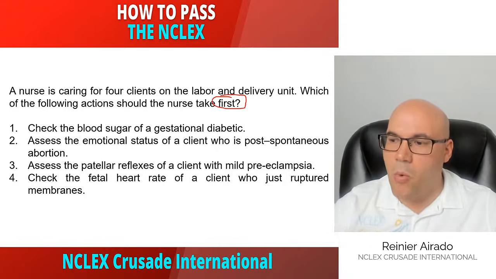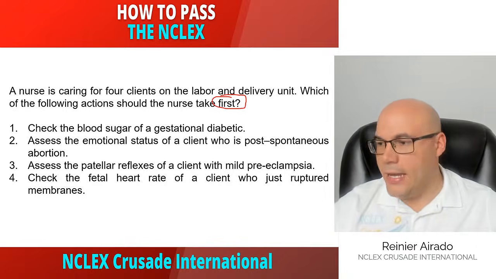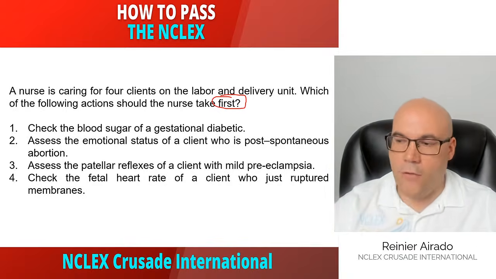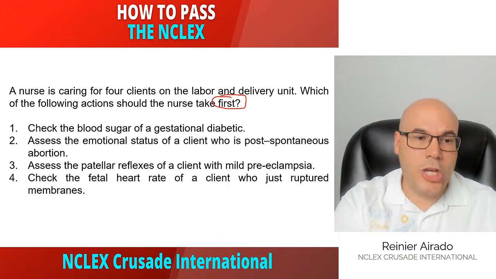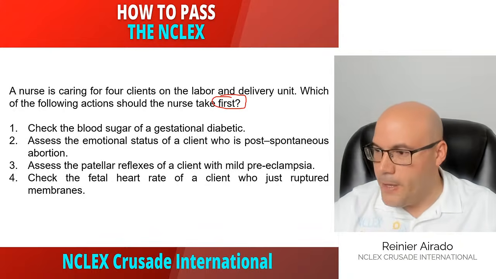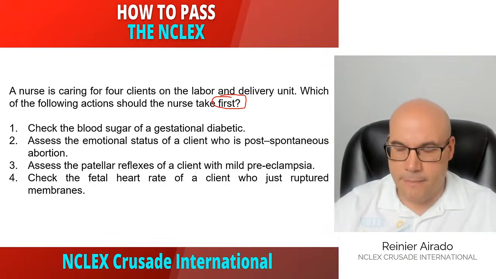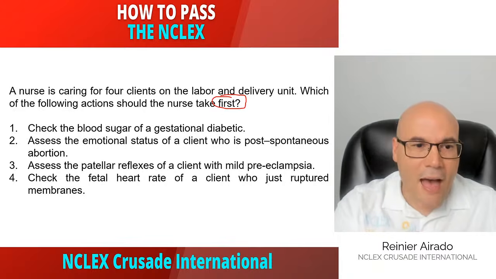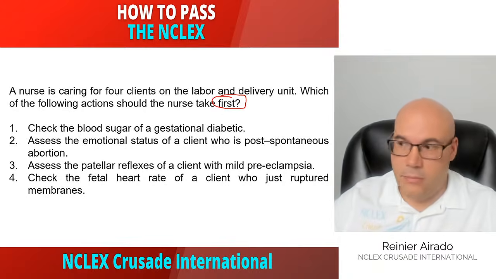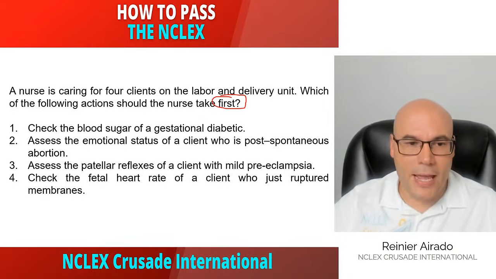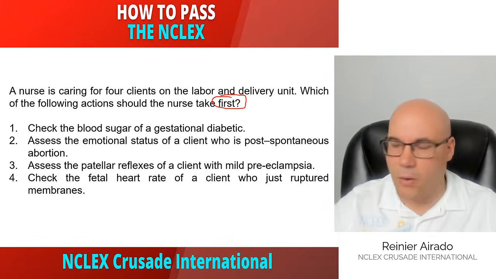So answer number 1 is asking me to go check on a client with a diagnosis of gestational diabetes, and is asking me to check the blood sugar. But what I want you to think about is this. What I have is a diagnosis, gestational diabetes. But what is the problem now?